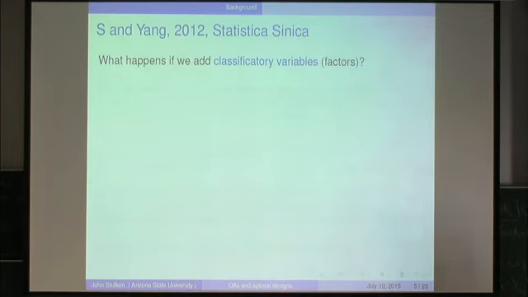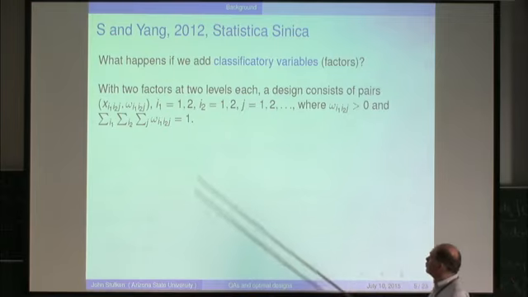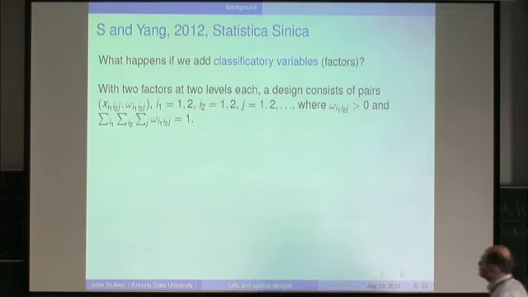So then in the 2012 paper, we asked the question, what happens if we add classificatory variables or factors to it, or if you consider groups. And so if I have 2 factors, each at 2 levels, then that generates 4 different cells.